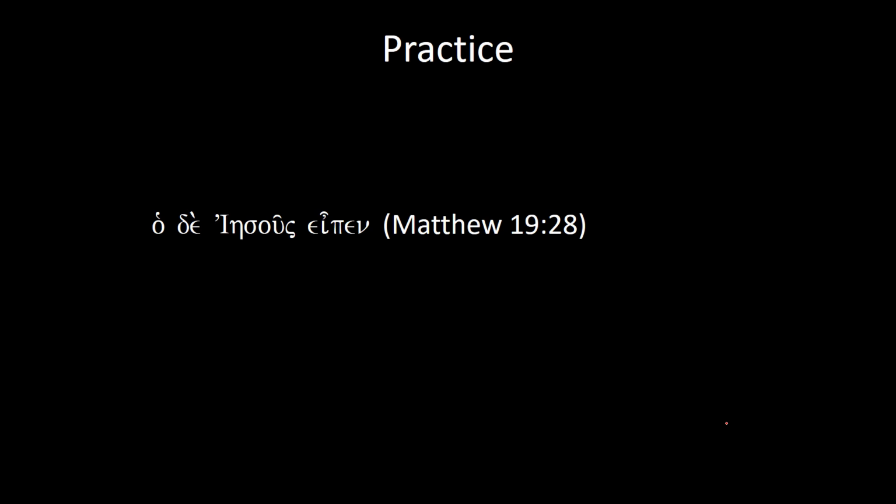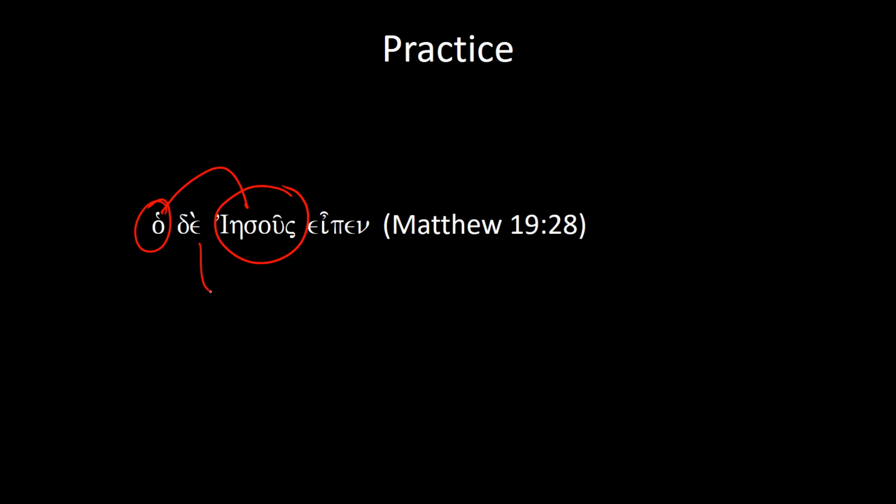Now I'm going to give you a couple of New Testament examples that occur all the time. Really, the second one does. This first one is a form of it, but it's the next one I'm going to show you that really occurs all the time in the Gospels. Ho de Iesous eipen. So I've got an article going with Jesus. This is the word for Jesus.